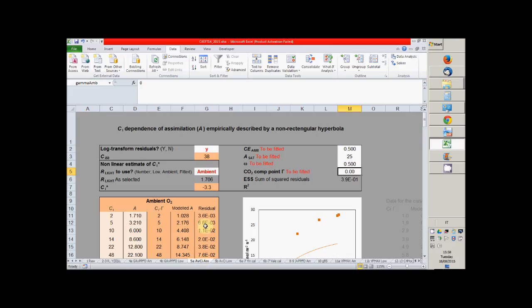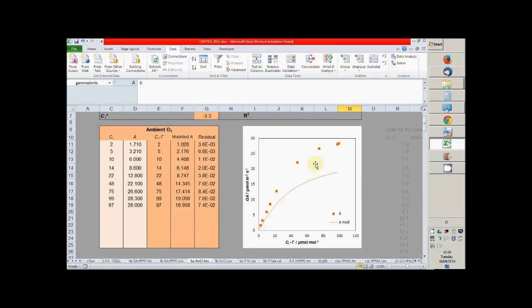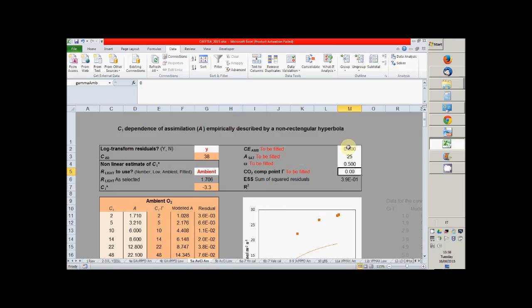Sheet 5a fits a non-rectangular hyperbola, analogous to what we have seen in sheet 4, to the ACi curve. Here, 4 parameters are fitted at the same time: carboxylating efficiency, which is the initial slope of the hyperbola, the CO2 saturated rate of net assimilation, omega, which is an empirical curvature, and the empirical CO2 compensation point.